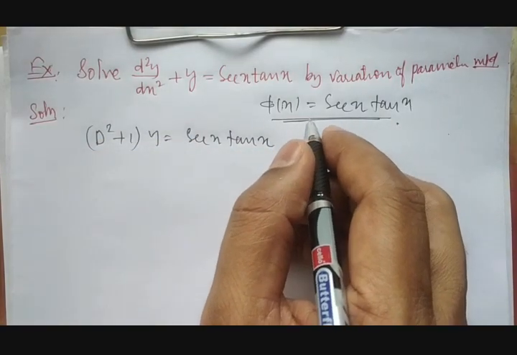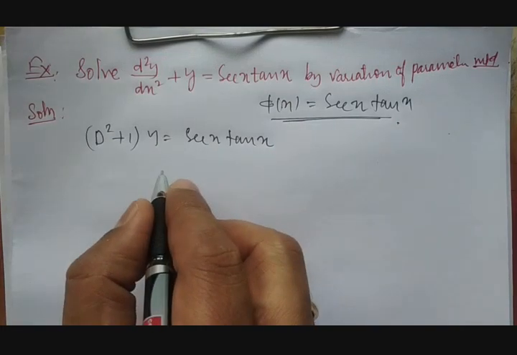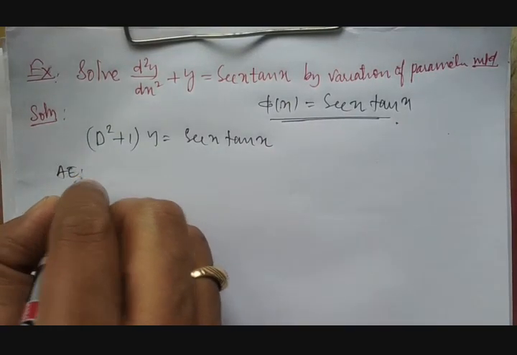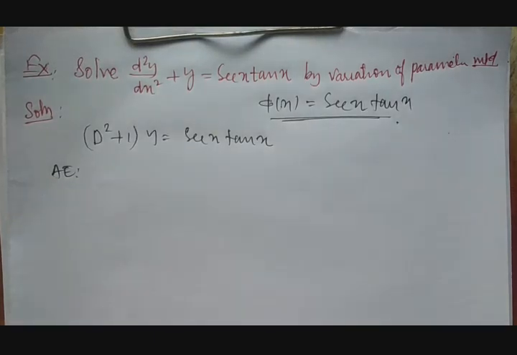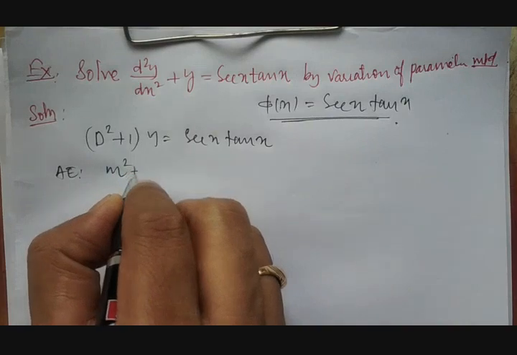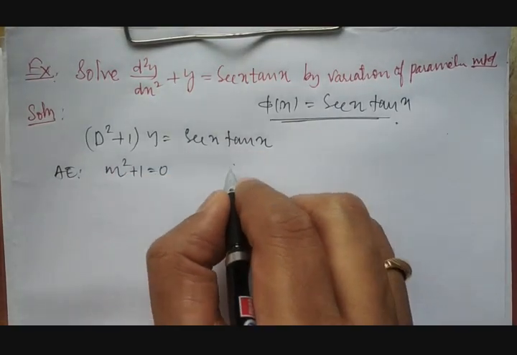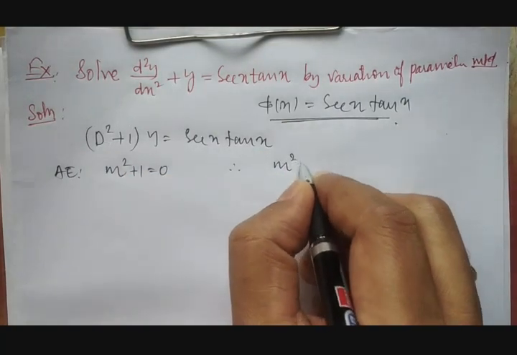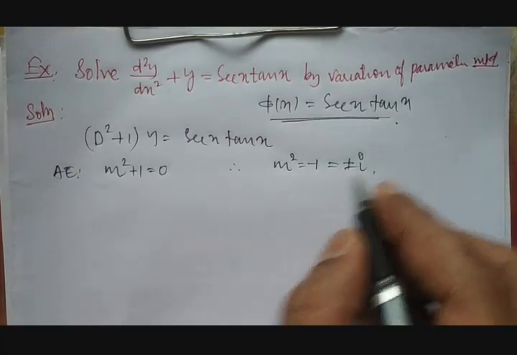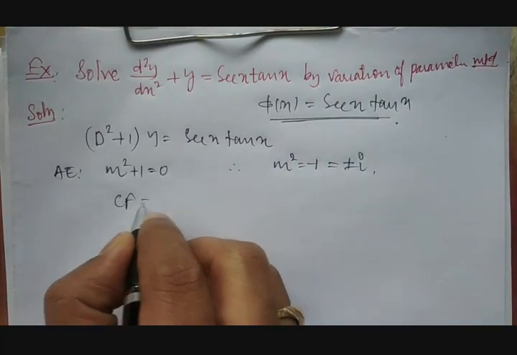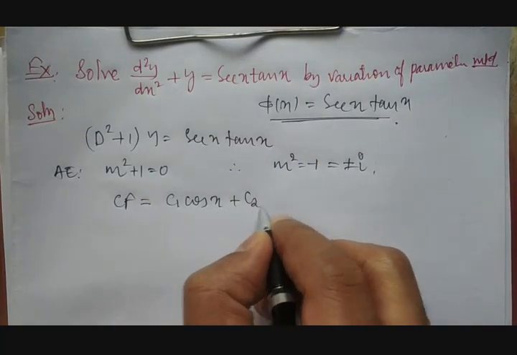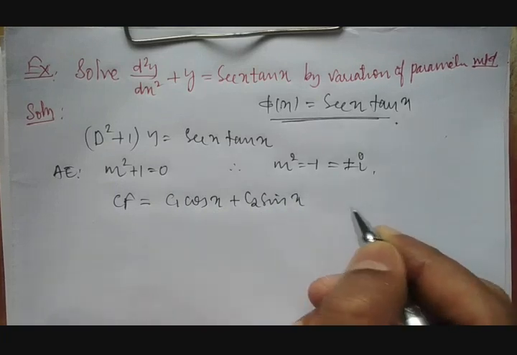This is nothing but the same pattern by the variation of parameters method, where first we take the auxiliary equation, then we get m square plus 1 is equal to 0. Therefore m square is equal to minus 1, which is nothing but plus or minus i. Therefore the complementary function is c1 cos x plus c2 sin x.